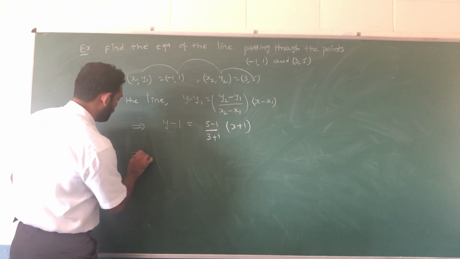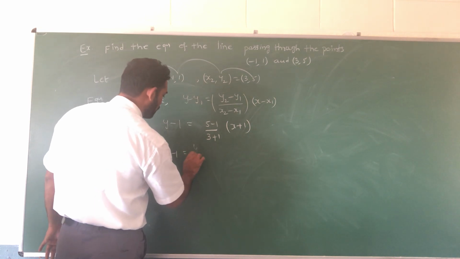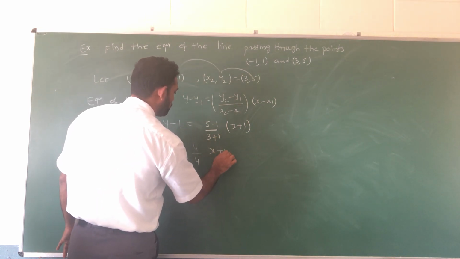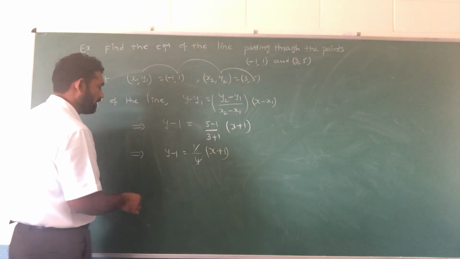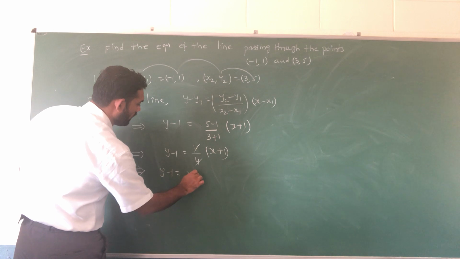So 3 minus (minus 1) is 3 plus 1, 4. So y minus 1 equals 5 minus 1, which is 4, divided by 3 plus 1, which is 4, into (x plus 1). So the 4s get cancelled. y minus 1 equals x plus 1.